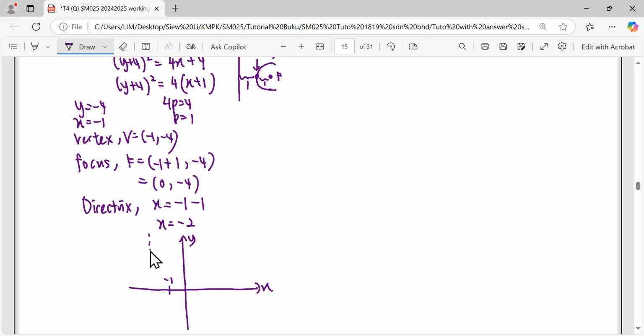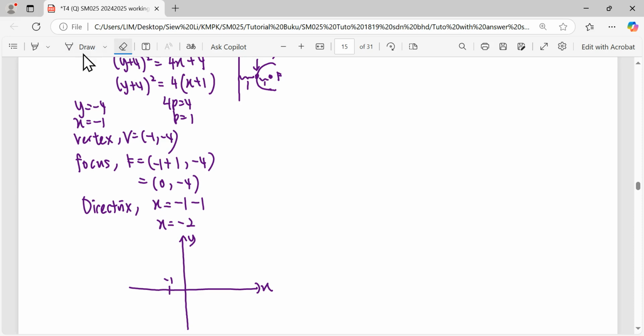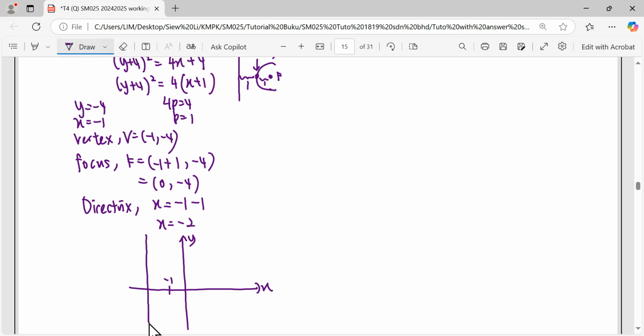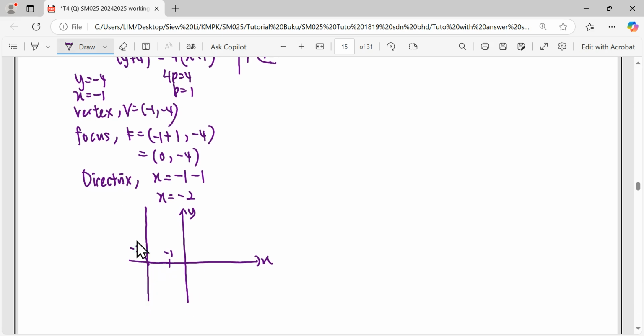So negative 2 I put here. The directrix is a line touching at the value of negative 2. So label x equals negative 2. This is the directrix. Then the vertex, negative 1, negative 4. Going down some more, this is our vertex, V.